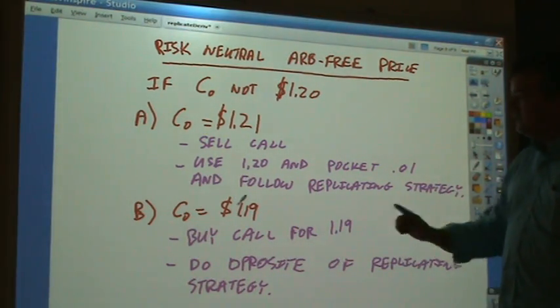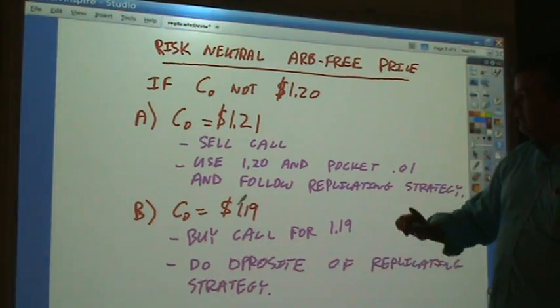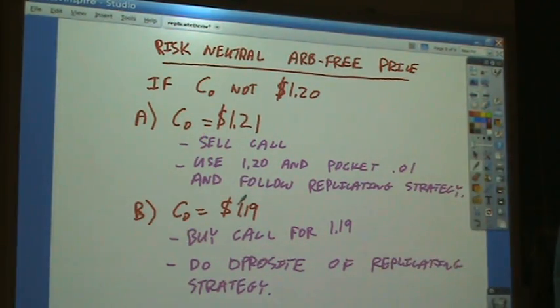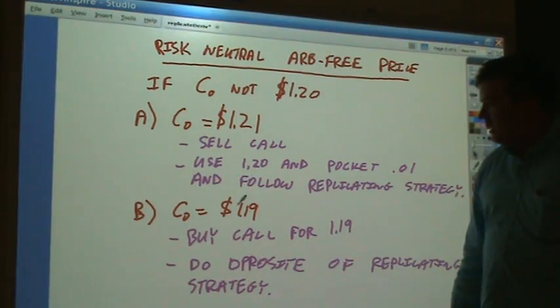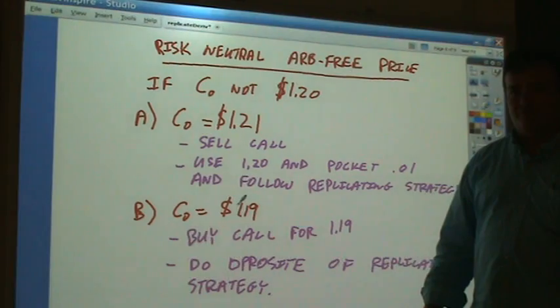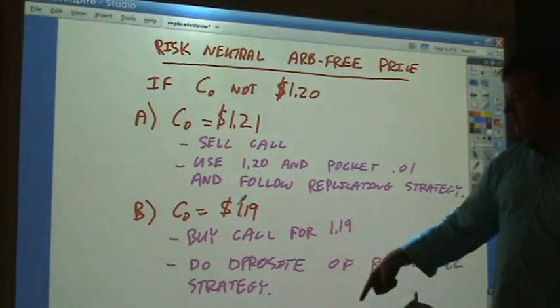Okay, so what this is saying is that if we could replicate the option, we can figure out the exact price the call should be going for. If the call didn't go for exactly that price, there's something wrong with the market, and people will come in and take advantage of it.